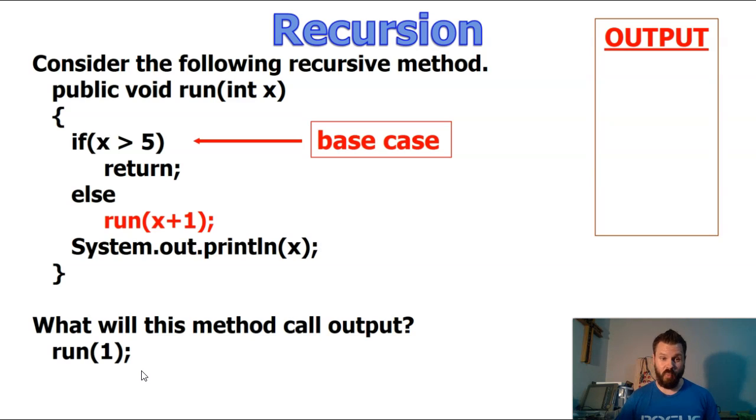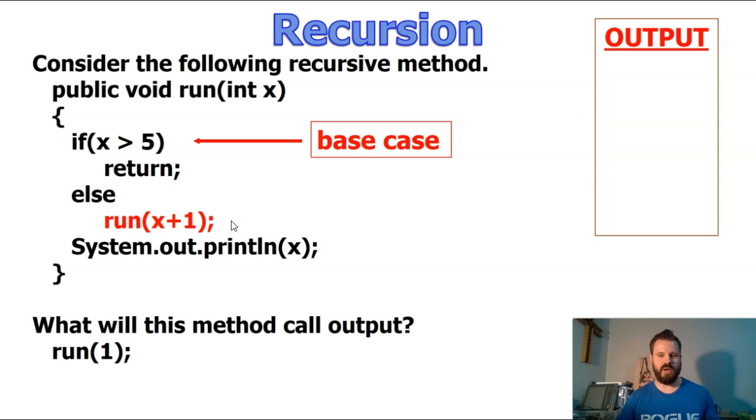Well, if I plug a 1 in, we'll check the base case. Same thing, x is greater than or equal to 5. Or else we'll run x plus 1. And when I call this run x plus 1, I'm actually not going to get to this print statement here. It's going to run the x plus 1, the run 2, which will check the base case.